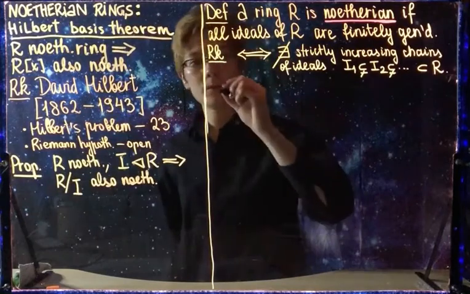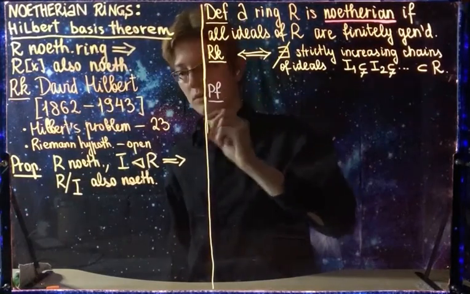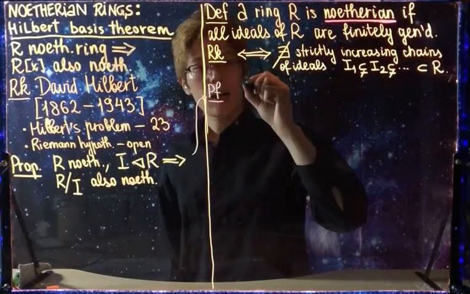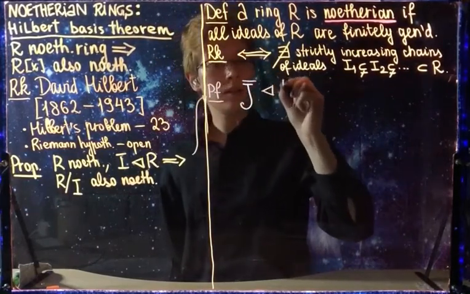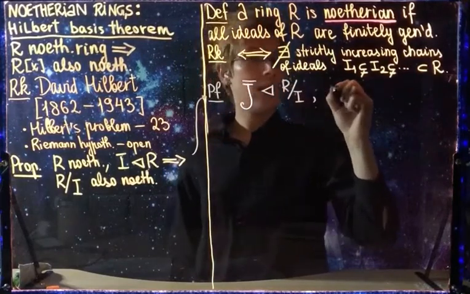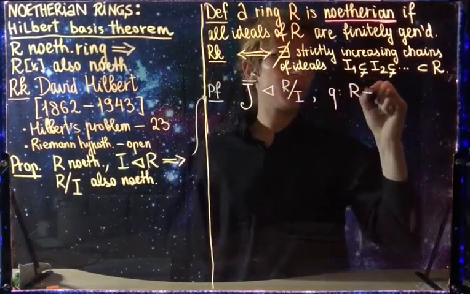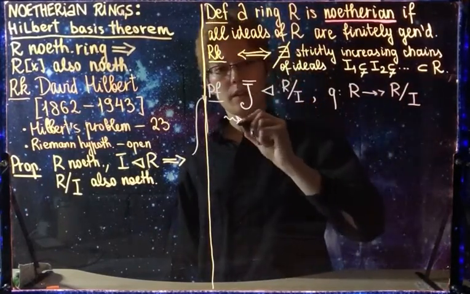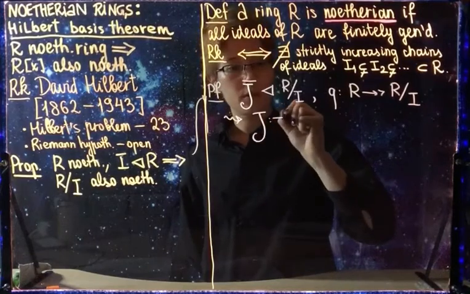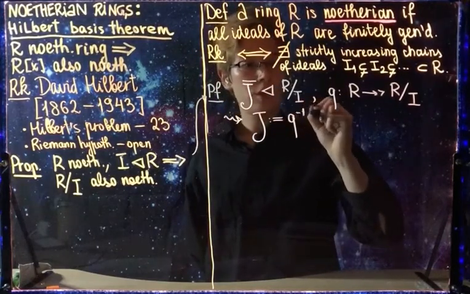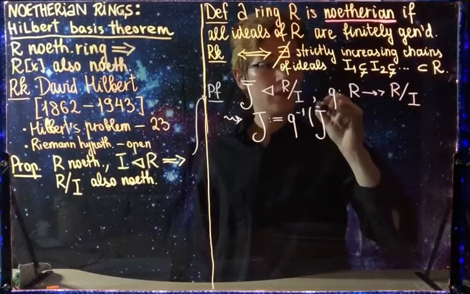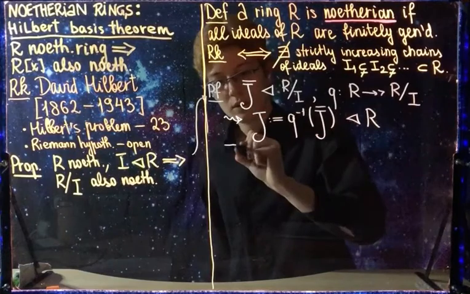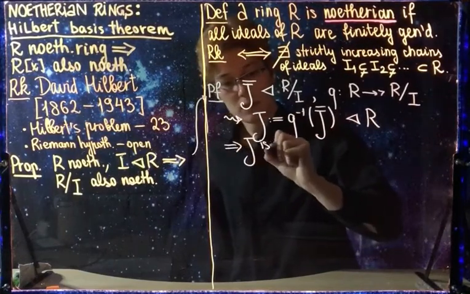And for the proof, I pick any ideal J bar in R mod I, and if Q is the quotient morphism, then I can take the preimage of J bar, and I call it J in R, and this is an ideal in R, and R is Noetherian. Therefore, J is finitely generated.